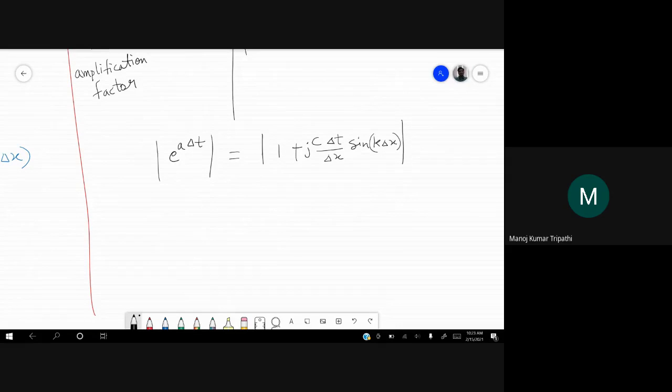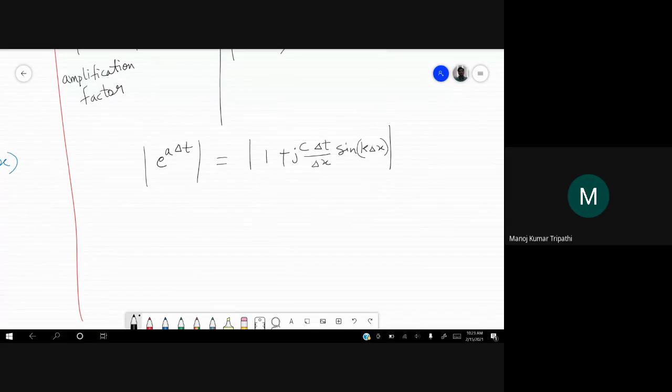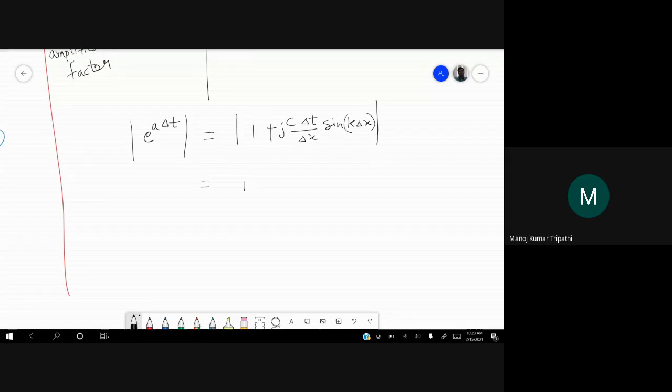Now when you take a mod of this complex number, it becomes 1 plus c delta t by delta x whole square, and also sine k delta x whole square. Now we want this to be less than or equal to 1.